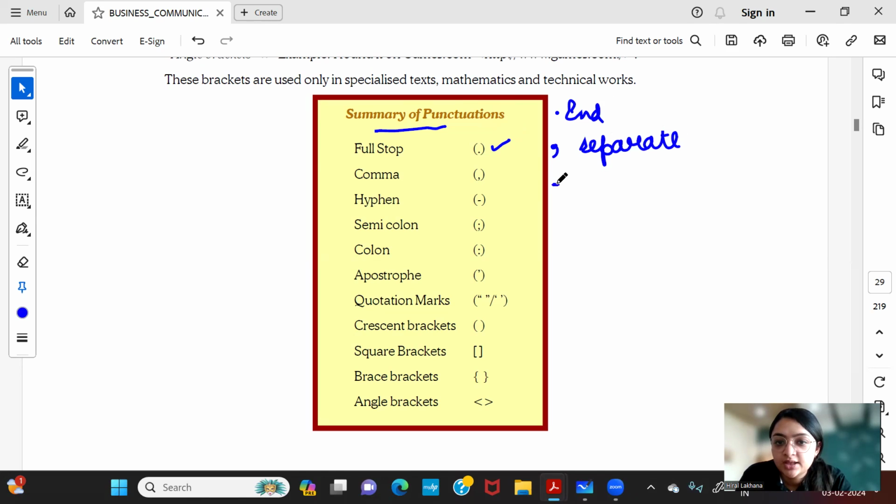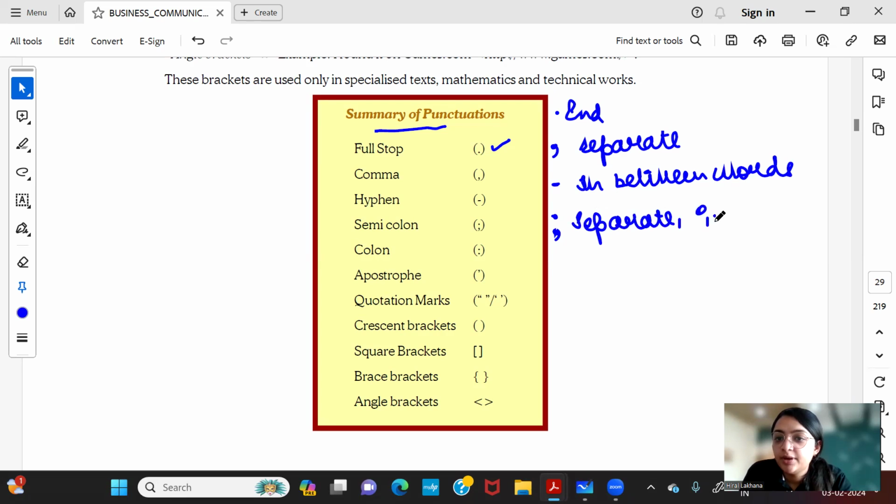And a hyphen is used in between words or before giving any explanation. And then we have a semicolon. Again, it is used to separate but independent clauses. And then we have a colon. Colon is used to introduce any sort of explanation or examples.